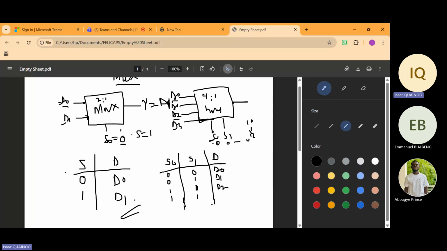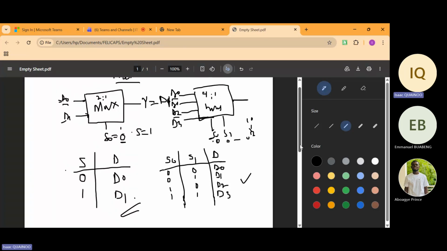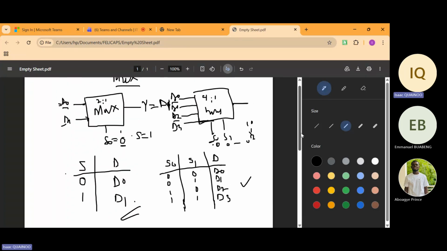So what do you select? 3. So you are going to select your D3. Okay. So this is the simplified truth table for a 4:1 mux. And from the same logic, you can go to 8:1 mux, or whichever mux you want to work with.